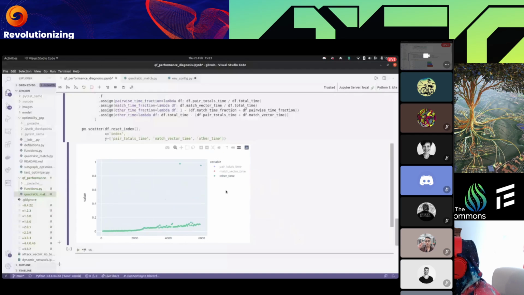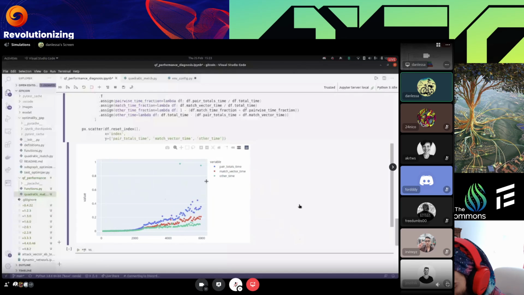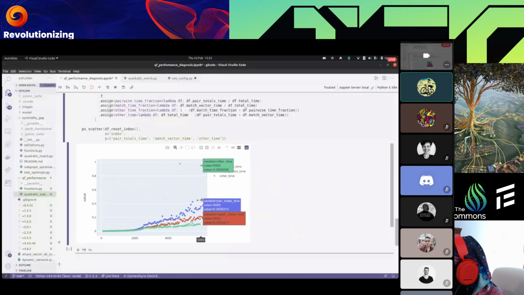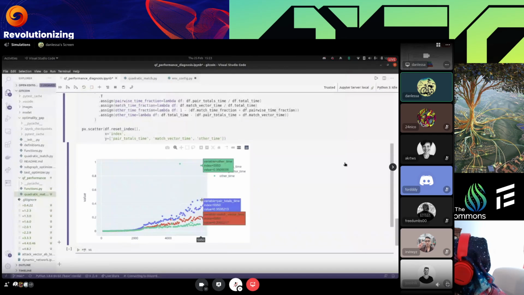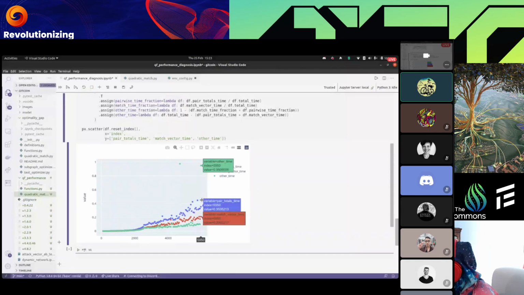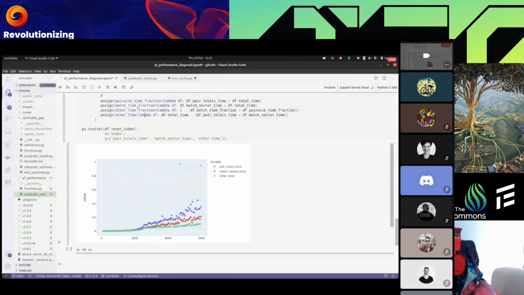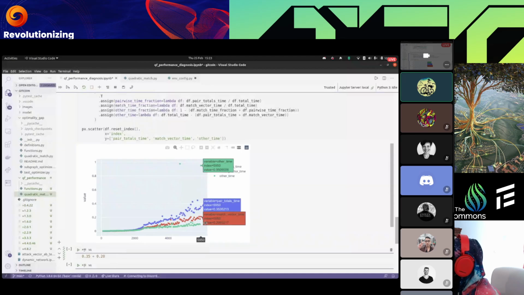So for example, if we get the times here, when we have a 6,000 contribution sequence, it takes 250 milliseconds to compute the pair totals, 200 milliseconds for the match vector timing. It doesn't seem like a lot, but you also have 0.1 here for calculating the other ones.